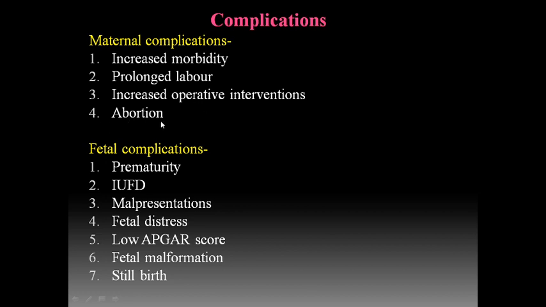These are the maternal complications. Next, moving on to the fetal complications like prematurity, intrauterine fetal death, malpresentation, fetal distress, low Apgar score, fetal malformations and stillbirth. These are some of the fetal complications with oligohydramnios.